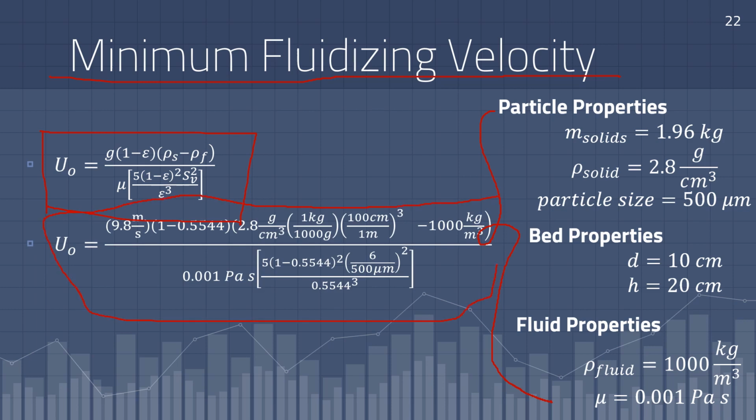Simplifying this would result in a minimum fluidizing velocity of 0.0094 meter per second. So the minimum fluidizing velocity of the problem is equal to this value.